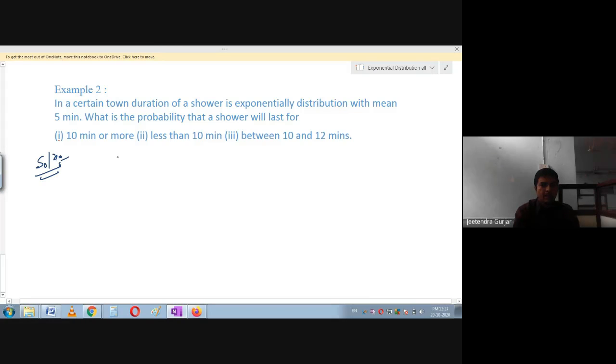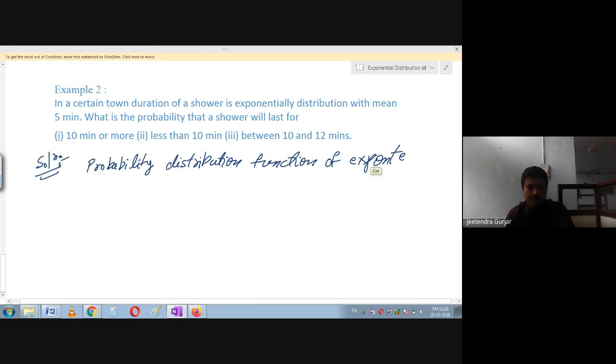In this, they have taken mean 5 minutes. Now what is the PDF? That is the probability distribution function of the exponential distribution.